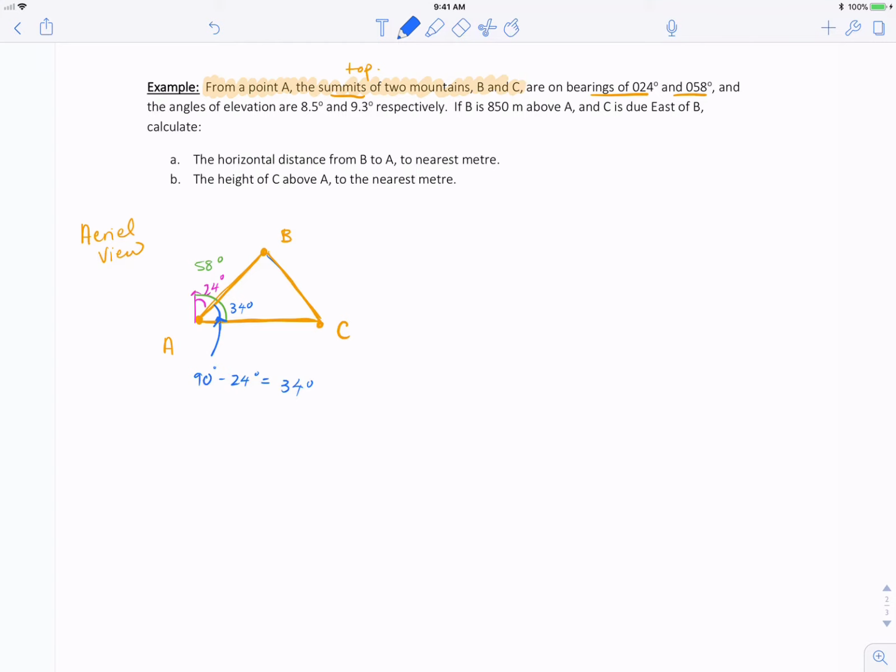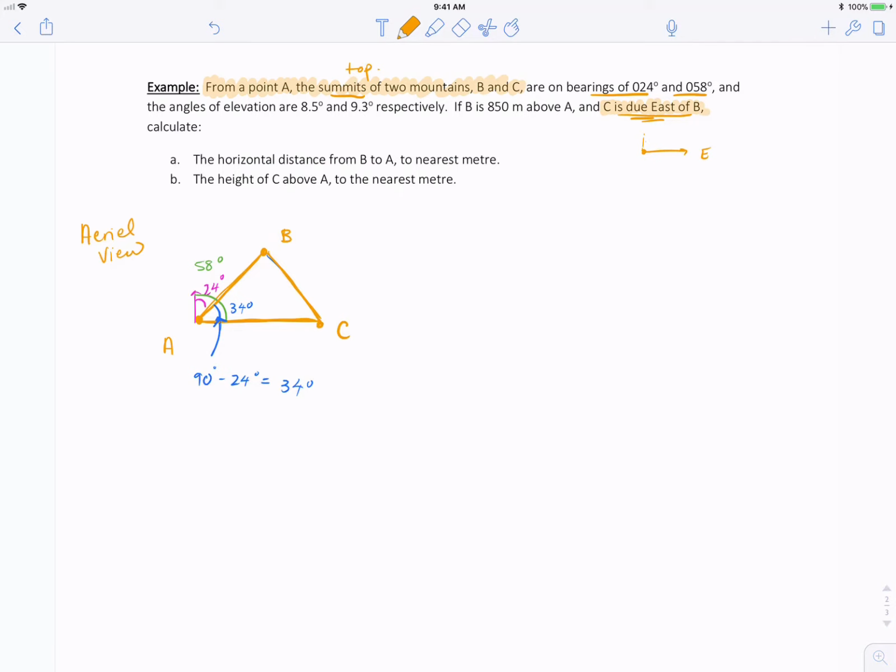It also tells me that C is due east of B. For me, this would have been better stated at the beginning of the question because it's a directionality. It says to go from C to B, I've gone east. Due east, think of from one point I'm going totally east.